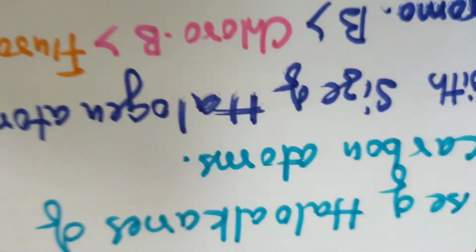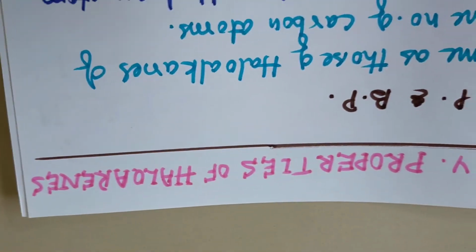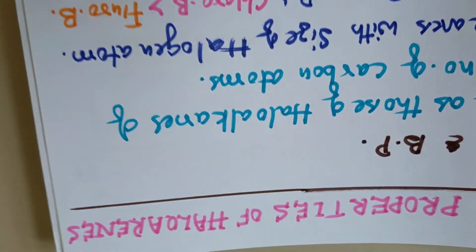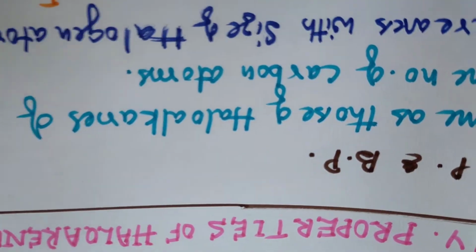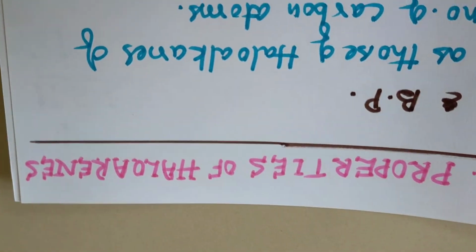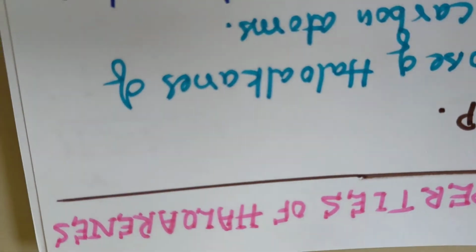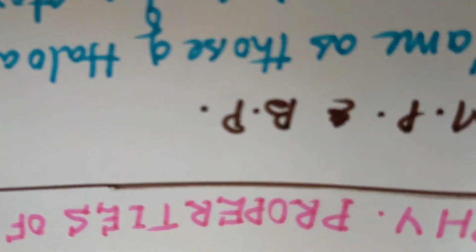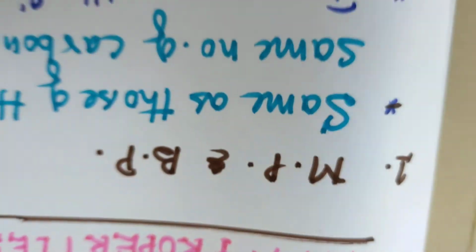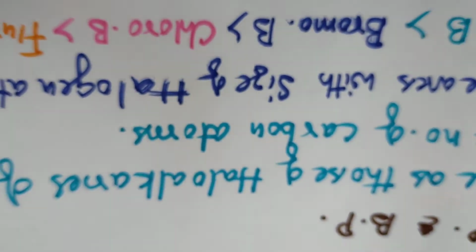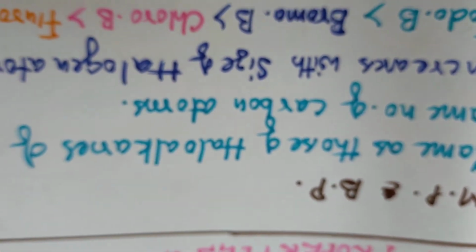First comes the melting point and boiling point of haloarenes. How do the melting point and boiling point of haloarenes come about? This is one of the important aspects of haloarenes.